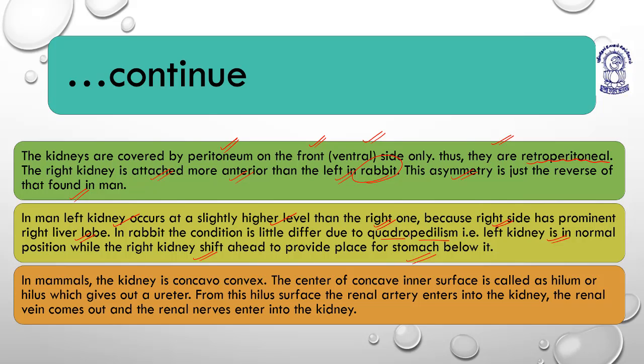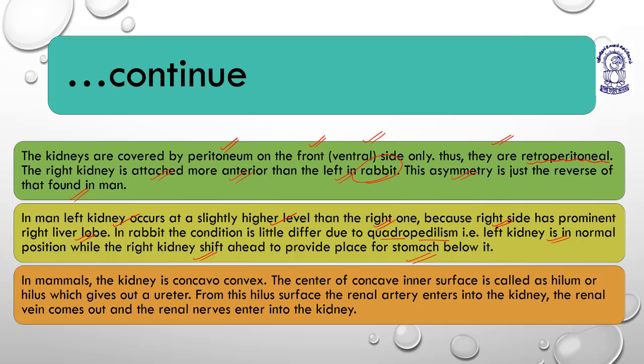In man, the left kidney is at a higher level because the right kidney has the right liver lobe on top of it. In rabbit, due to quadrupedalism, the right kidney is shifted forward to provide place for the stomach below it.